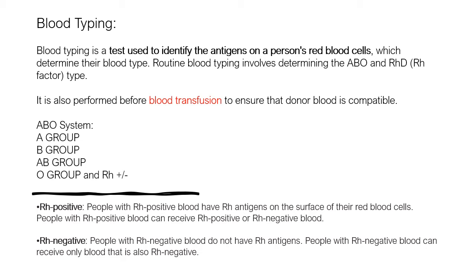But if the patient's blood group is Rh negative, then he has to get blood that is also Rh negative. People with Rh negative blood do not have Rh antigens, that's why we write it as Rh negative, and they can receive only Rh negative blood. So even the Rh factor is important, and we need to check that in blood typing.